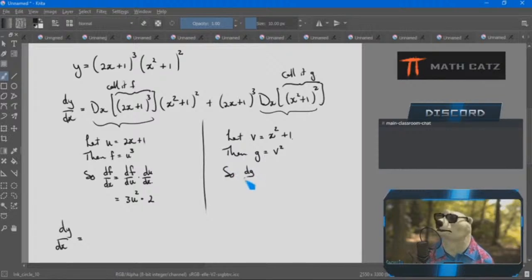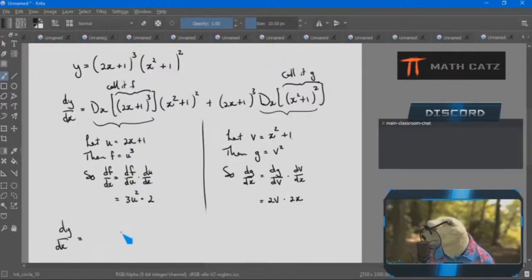And so my chain rule is helping me find the derivative of this g portion as the derivative of g with respect to my inside function times the derivative of the inside function with respect to x. Clearly just a 2v times 2x. Quite straightforward. The product rule helped me to isolate the pieces.